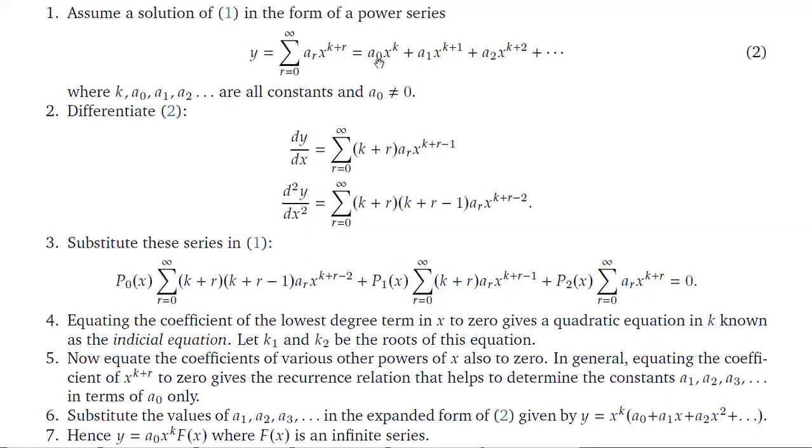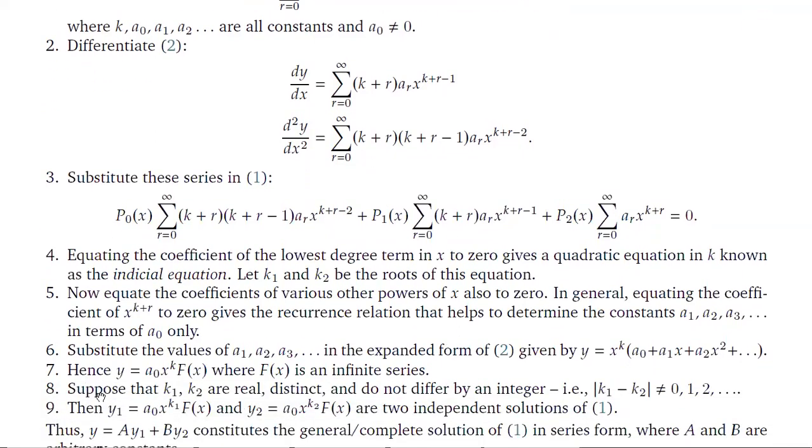One more thing to notice here is x^k is a common term, so that term x^k can be taken out. Also, since a0 is a common term, you can take a0 out as well. So you get the solution in the form y = a0 x^k F(x), where F(x) is an infinite series.